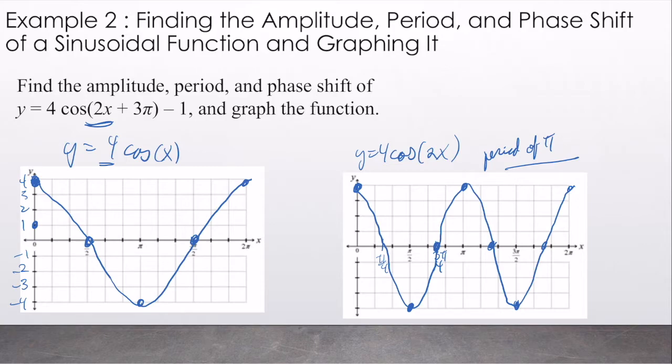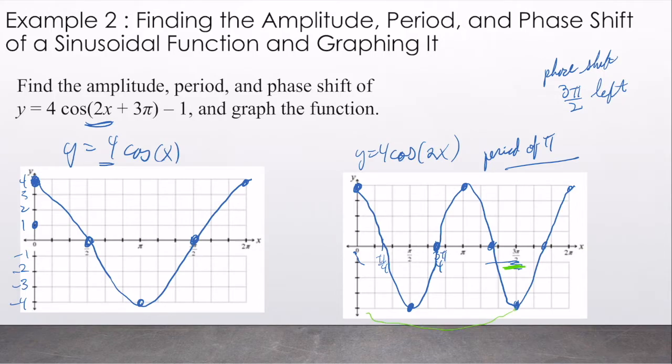Now what we're going to have to do is a phase shift, and our phase shift is 3 pi over 2 to the left, okay? 3 pi over 2 is from 0 to 3 pi over 2. This is our 3 pi over 2, and we're shifting to the left.